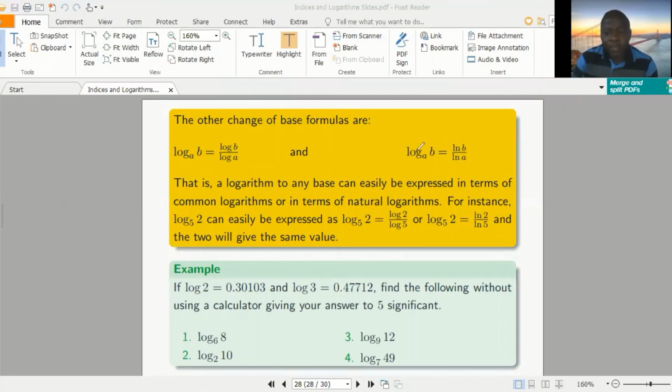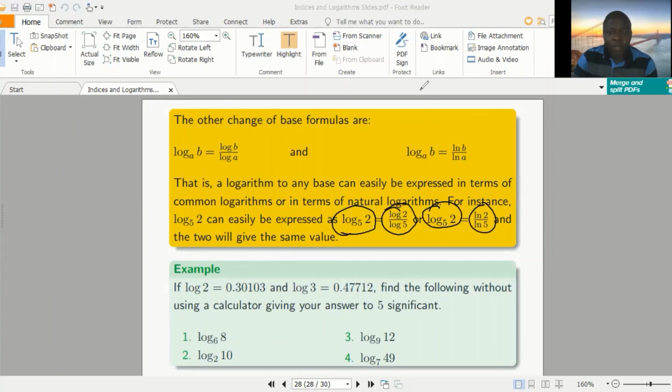And even this one, if I'm given the log of b to base a, I can also write it as the natural logarithm of b over the natural logarithm of a. So if I'm given log of this, I can express it this way, and this, I can also express it this way. And that's what I want to do.